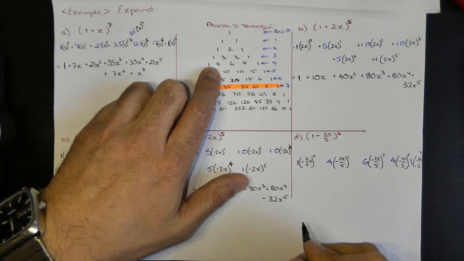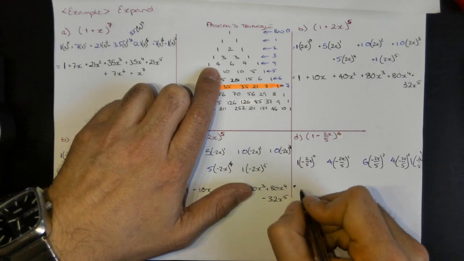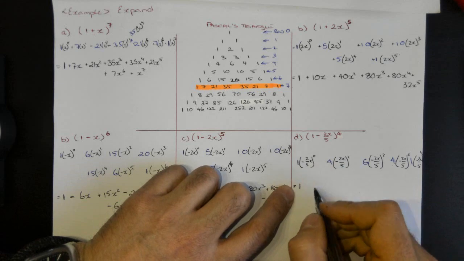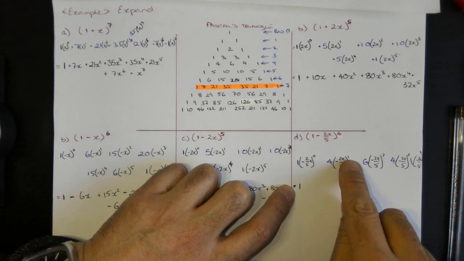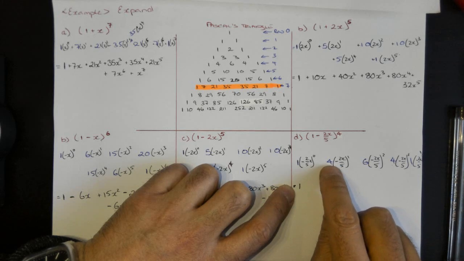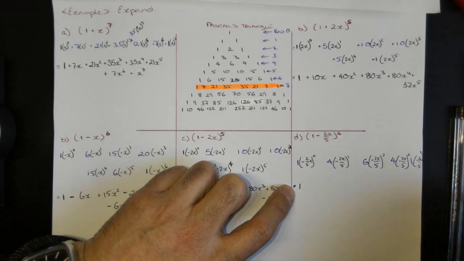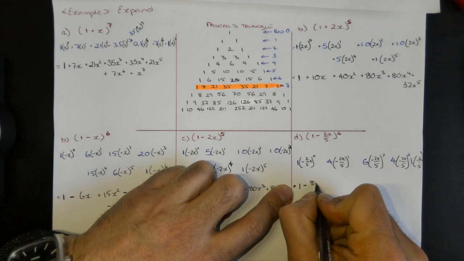Well, as we know, that becomes 1. So 1 times 1 is 1. Okay, so this, to the power of 1 just becomes itself. So 4 times negative 2 over 5 becomes negative 8x over 5.